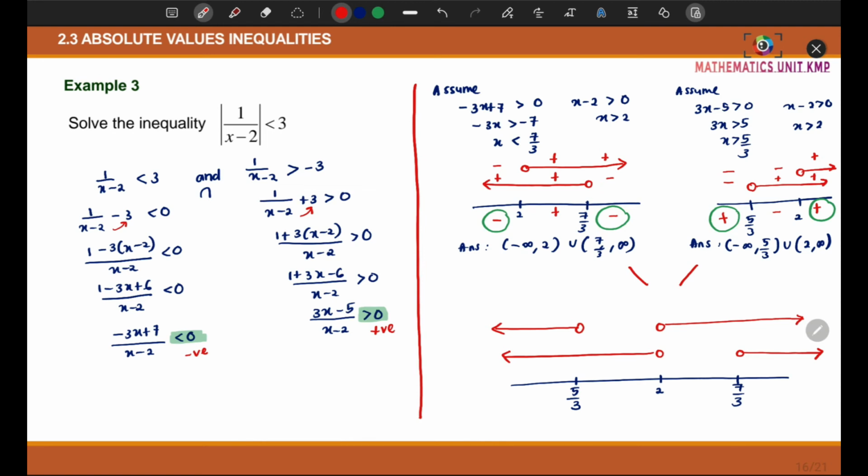Okay, so back to our first separation. We want it to be "and", so choose the interval that intersects between the two lines. So the intersection is this part and this part.